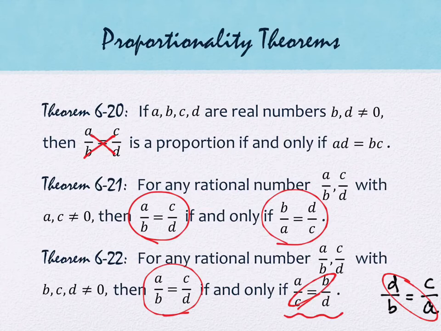I get an equivalent proportion either way, and I'm able to solve the problem the same way. So it depends on your perception when you're starting it. So just because you start the problem one way and somebody that you're working with or checking your solution with later started it a different way doesn't necessarily mean either of you is wrong. You might just have one of these other versions of the proportionality theorems that you could take a look at.